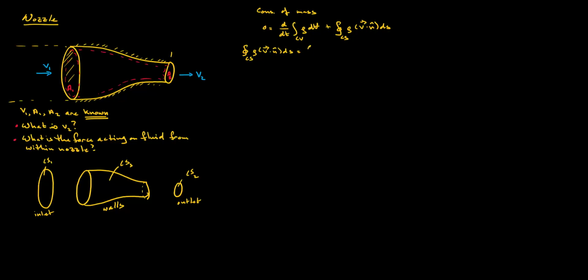That's pretty straightforward. We'll have something multiplied by ds plus something else multiplied by ds plus something else multiplied by ds. So we're just splitting this surface integral into three separate integrals.